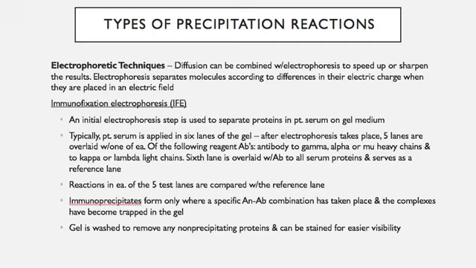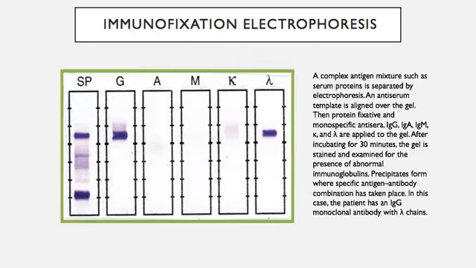And then the gel gets washed to remove any non-precipitating proteins, and then this whole process can be stained for easier visibility. So this is what a result might look like once it's stained.